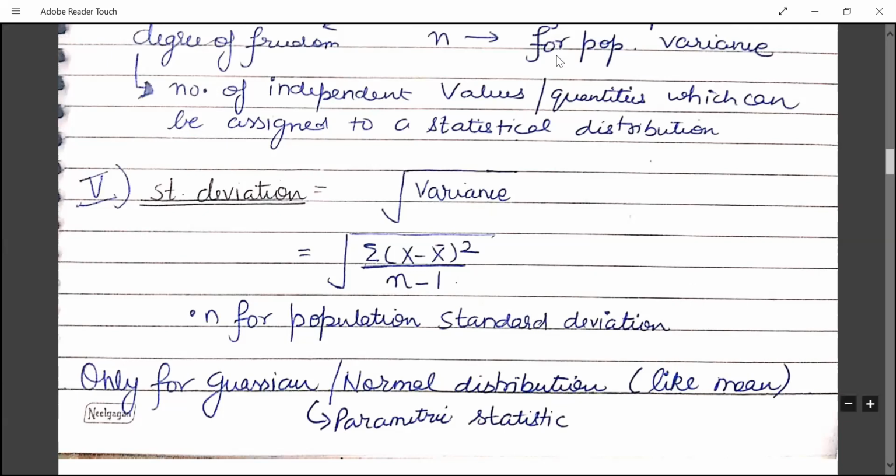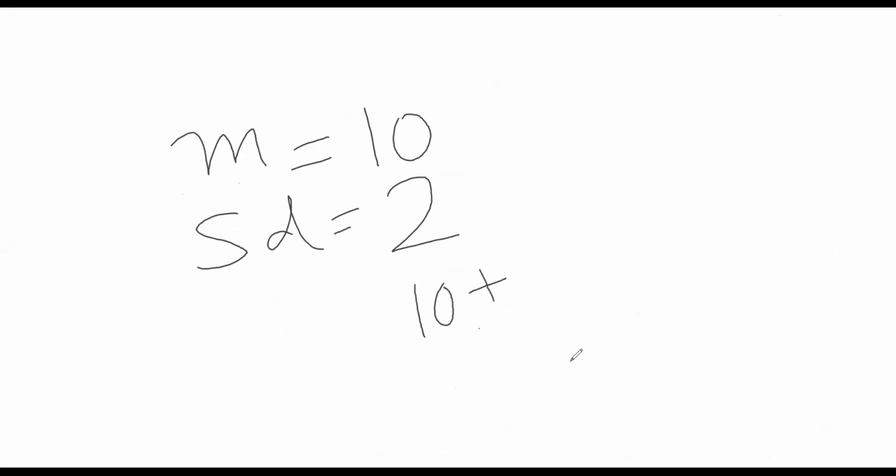Suppose someone has told us that our mean is 10 and our standard deviation is 2. This means that our data is mostly lying within plus or minus 2 of the mean, that is 10 plus or minus 2, which is 8 to 12.